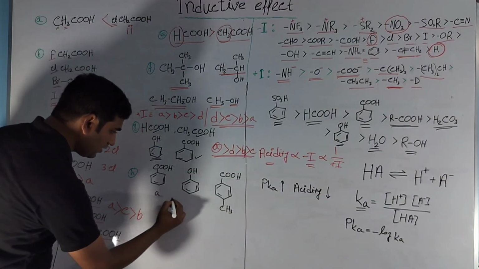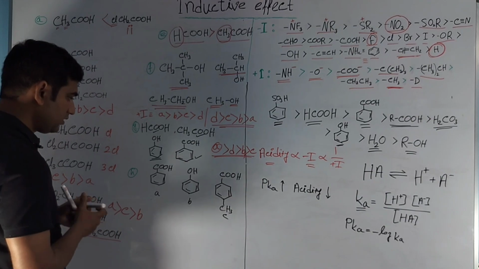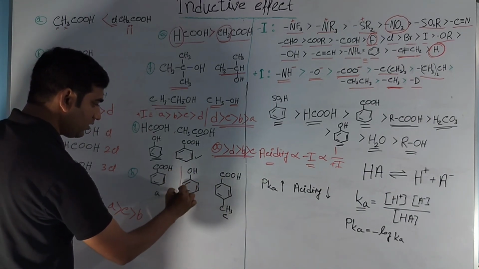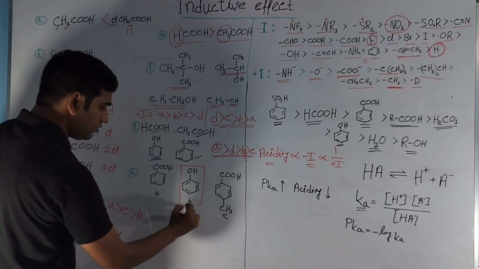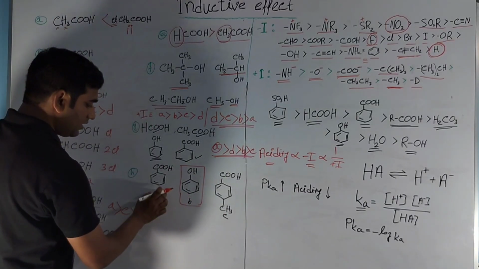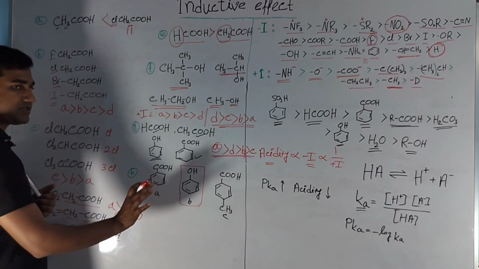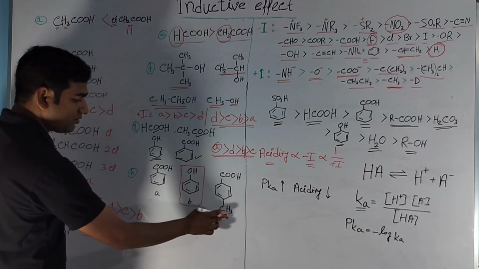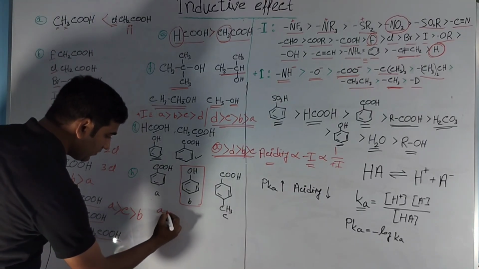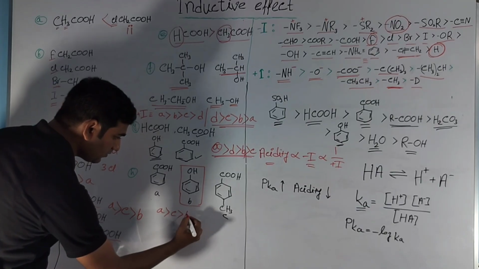So A and C are more acidic compared to phenol, because phenol is an aromatic alcohol. In the A molecule no plus I group is there, but in C a methyl plus I group is there. So A is the most acidic, then C, and the last one is B.